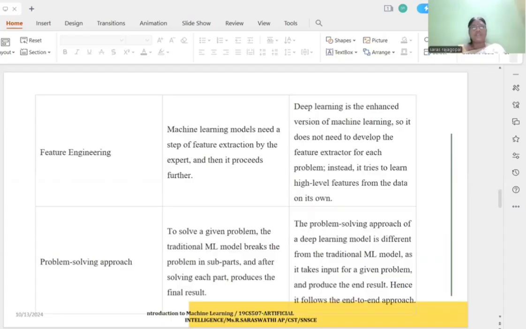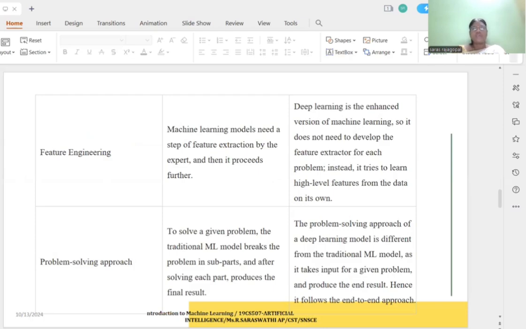Another difference is feature engineering and the problem-solving approach. Feature engineering in a machine learning model needs a step of feature extraction by an expert, and then it proceeds further. Deep learning is the enhanced version of machine learning, so it does not need feature extraction to be developed for each problem; it learns high-level features from the data on its own.